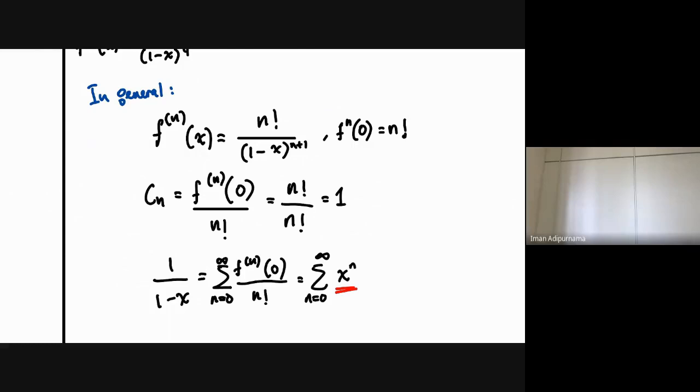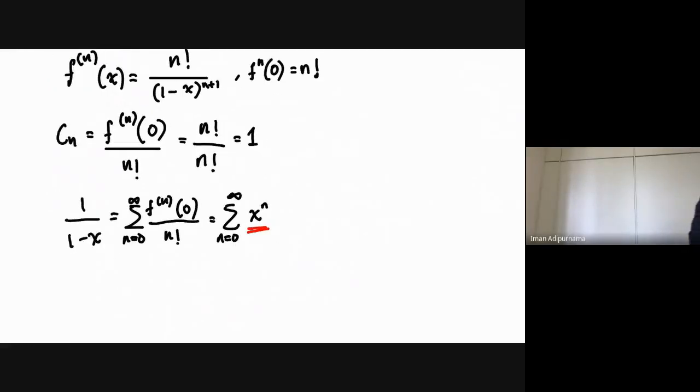Let me write the suppose equations. Suppose the equation is this. Because this is the general term, we have this term, and maybe a is 0, so it's x with n, right?